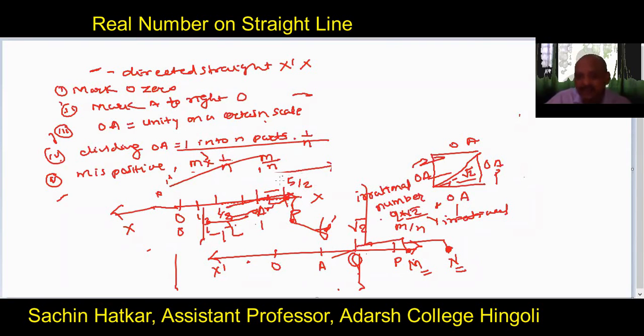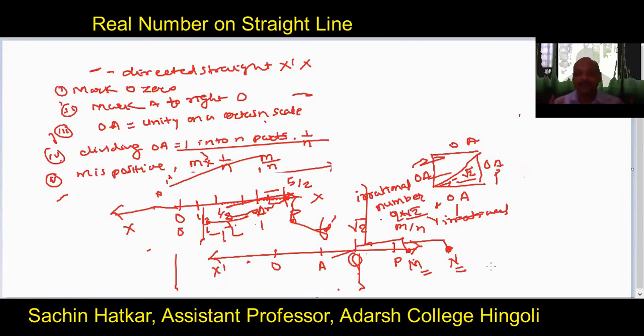Hence the rational numbers are not sufficient to represent every point on the straight line, and it requires some irrational numbers, represented like this q, multiples of root 2. Likewise, there are also other types of irrational numbers.